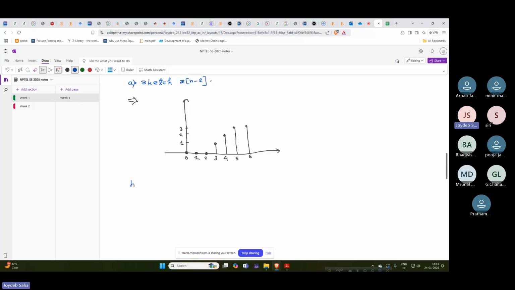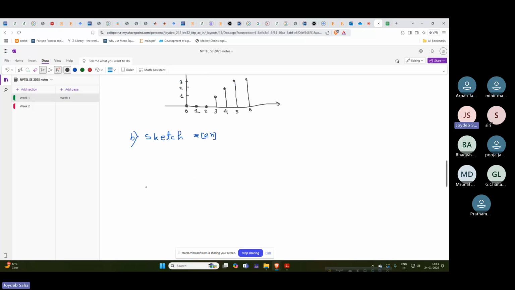Question 2 part B. Sketch x of 2n. So how will it look like?